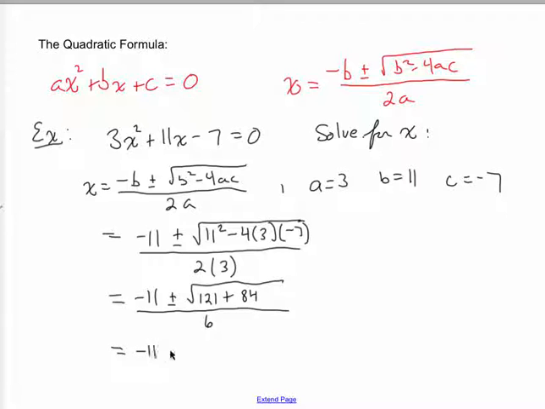So -11 plus or minus the square root of 121 plus 84, which is 205, over 6.